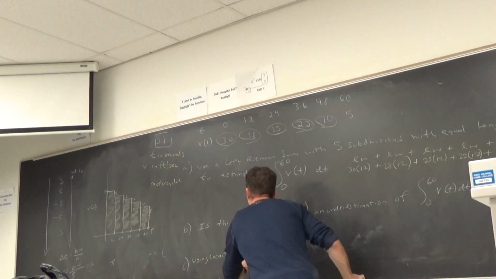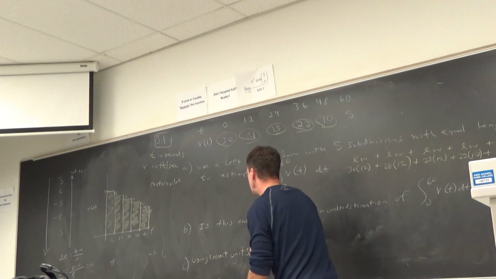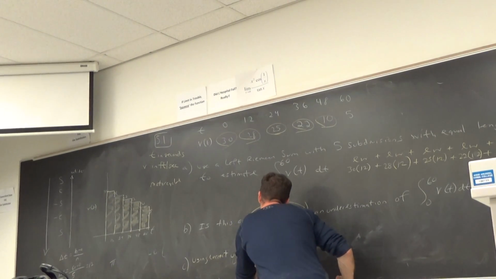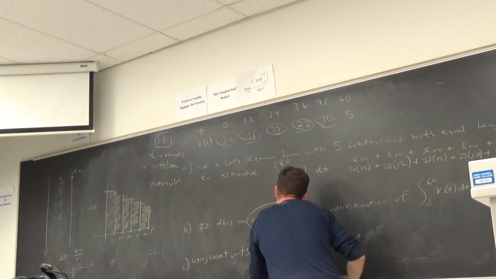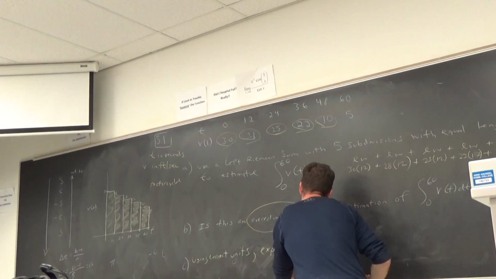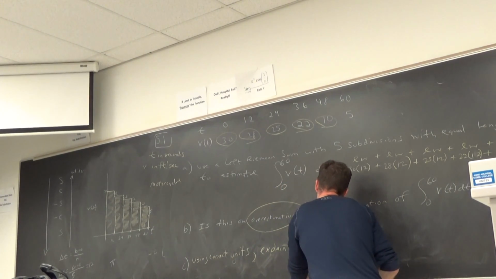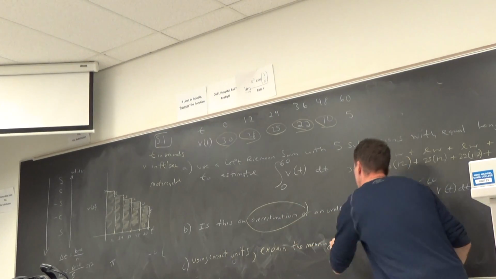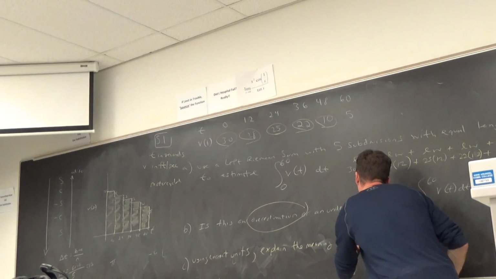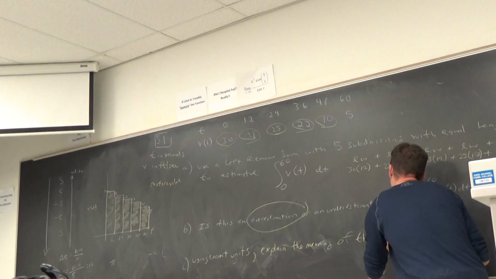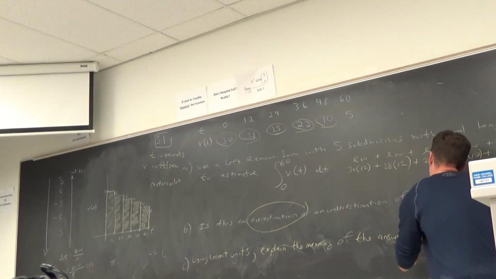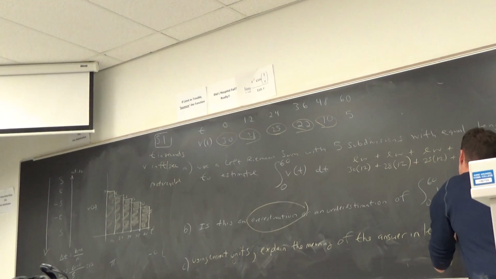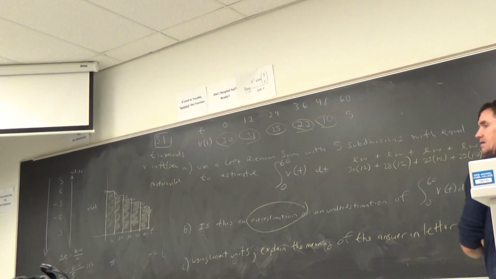Explain the meaning of your answer in letter A, the meaning. I think a lot of you will get it. What does that number mean in terms of this real life problem? What does it find? In letter A. So position.